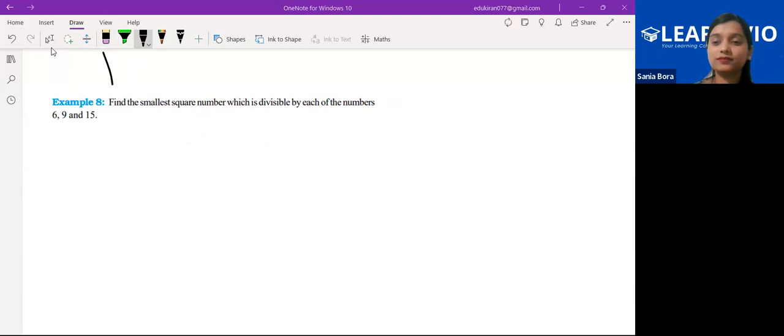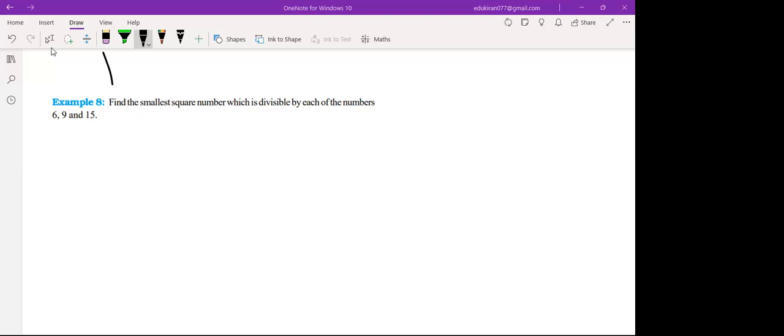So it is telling us we have to find the square number which is divisible by 6, 9, and 15. Do you know what you have to do here? How will you find it? We have to find the smallest square number from 6, 9 and 15 and see that it is divisible.